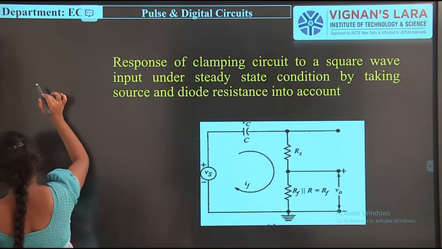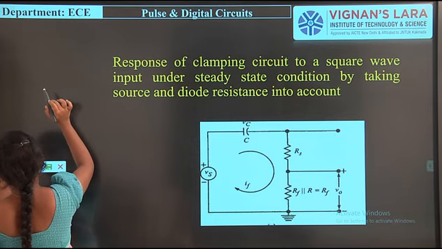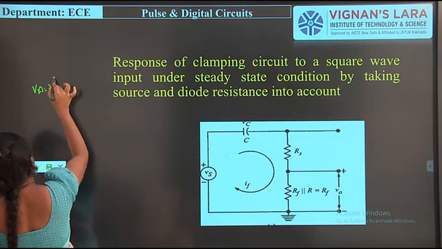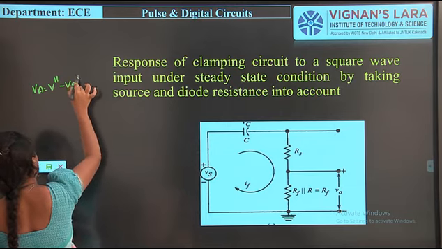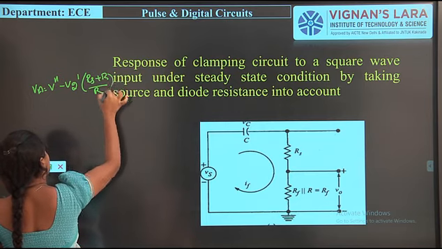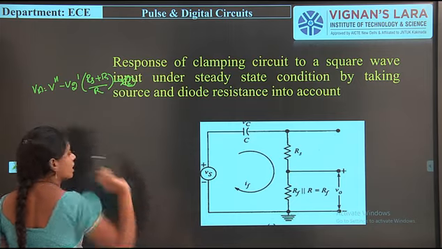In the previous step we got the Va signal, that is Va is equal to V double dash minus V2 dash into Rs plus R by R. It is equation number 2, and I have to indicate that.